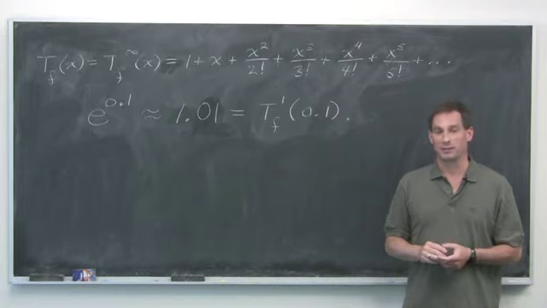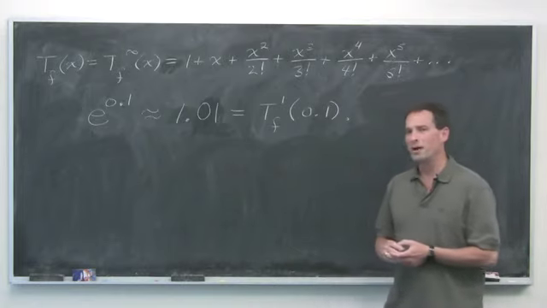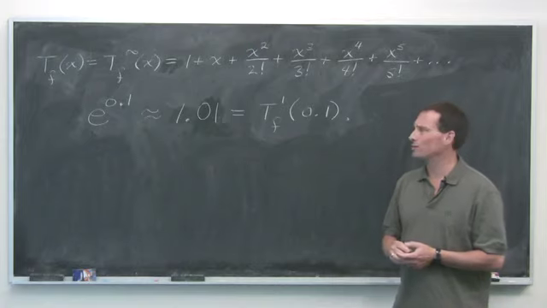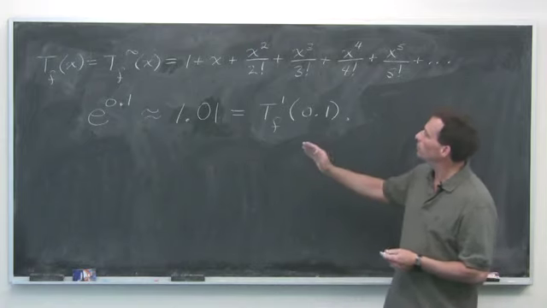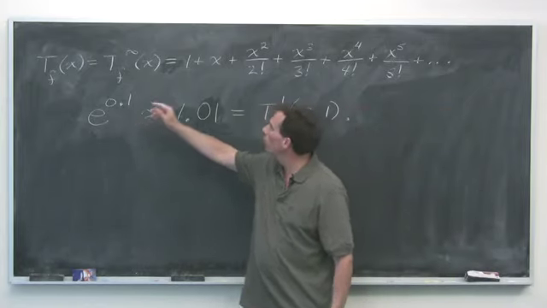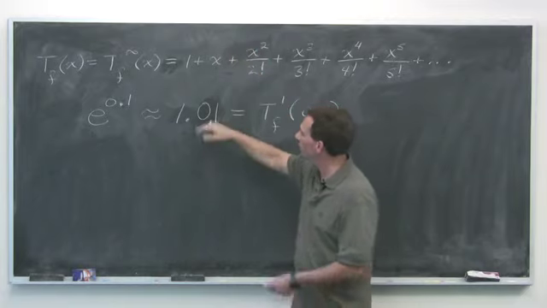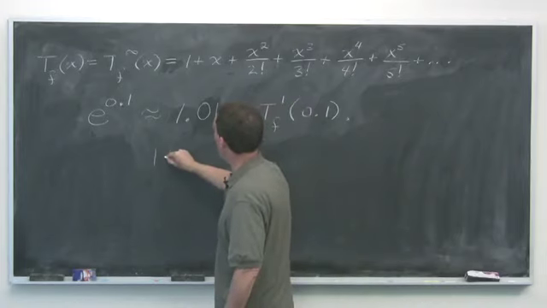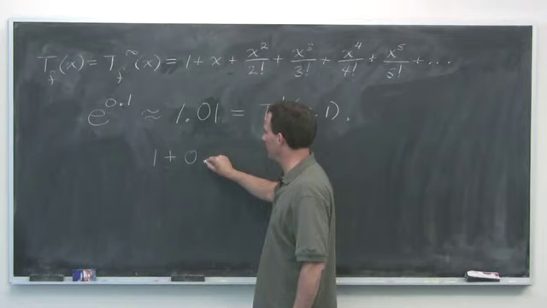If you were paying attention just now, and I always hope you're paying attention, you may have noticed that I just wrote something that's wrong. I was saying that the approximation of e to the point 1 by its first order Maclaurin polynomial would be 1 plus x, where x is 0.1.